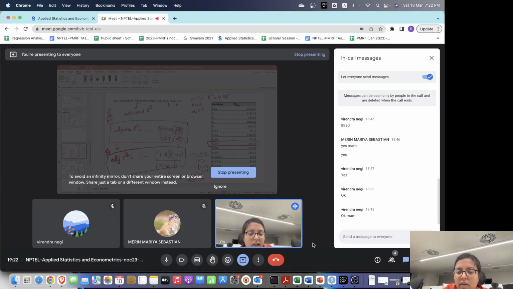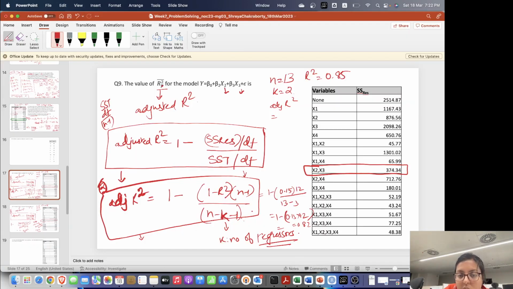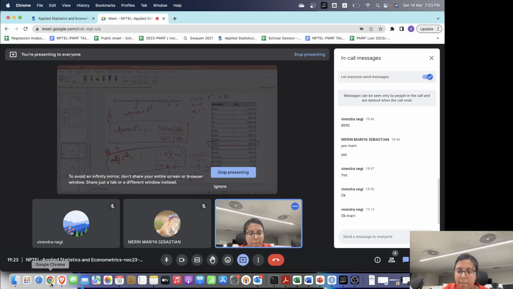Is it clear where the distinction is, where we have to be careful? If we are using this formula, we have to make sure that we are counting k as the number of regressors. Is it okay? Shall I move on to the next one?